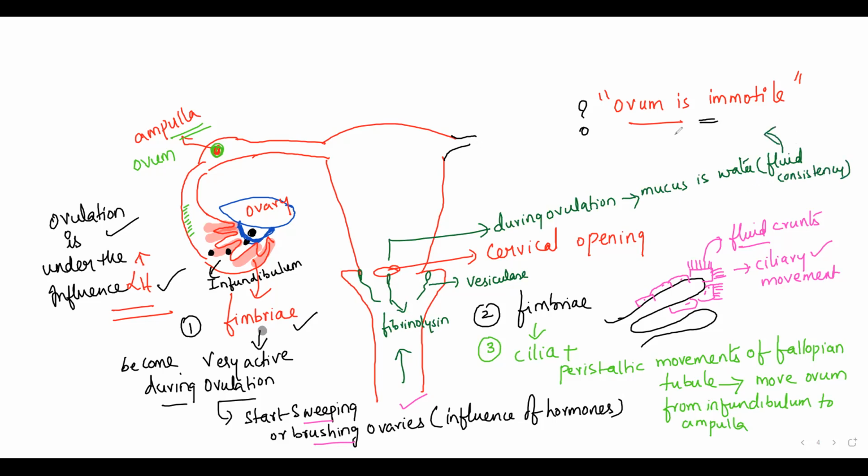So this is going to enable the sperms to enter the uterus very, very easily. But during the other days, your cervical mucus is going to be of very thick consistency, because of which the cervical opening is going to be plugged up with this particular mucus. So it will not be easy for the sperms to make an entry into the uterus area here. This is very important.